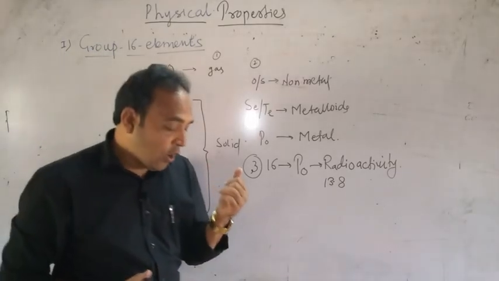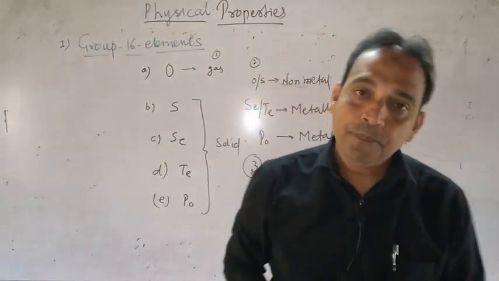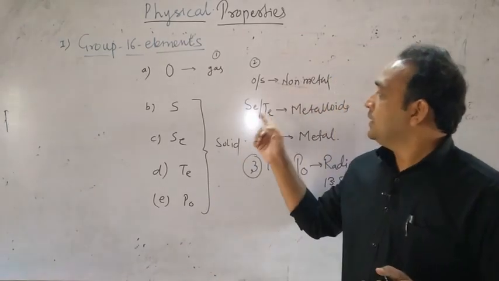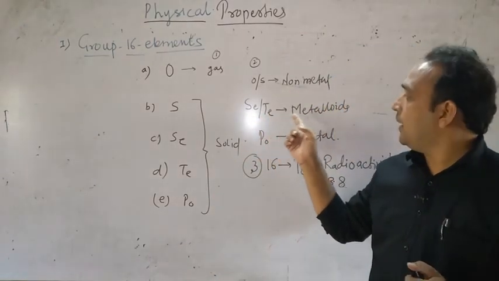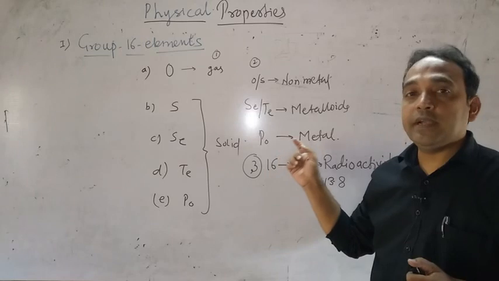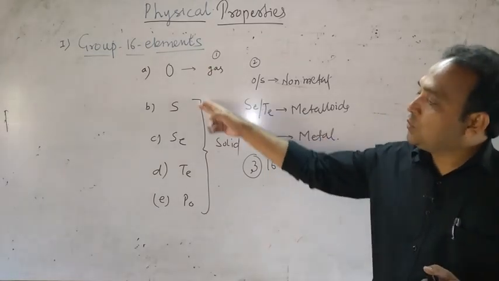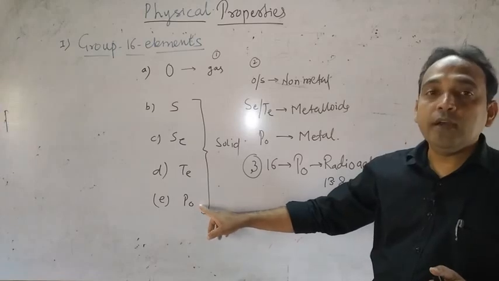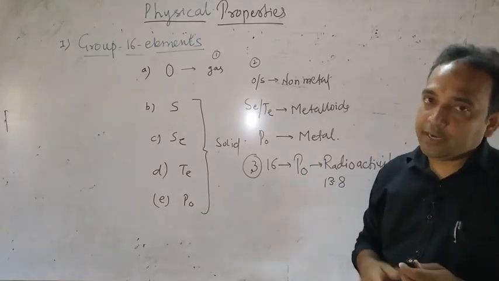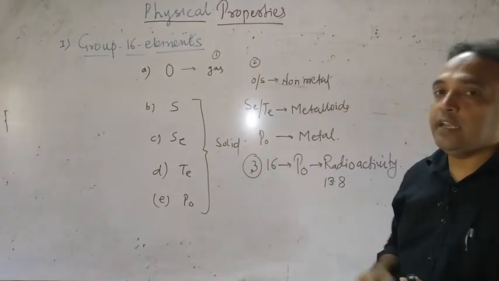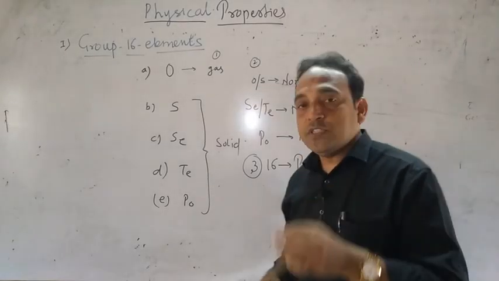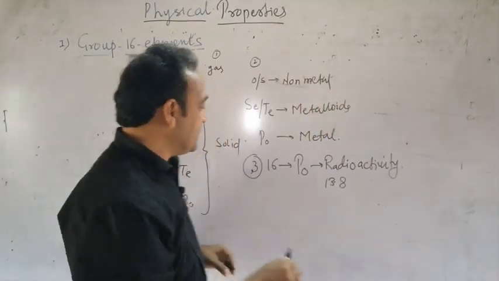Oxygen and sulfur are non-metals. Selenium and tellurium are metalloids. Polonium is a metal. Now the third physical property: amongst group 16 only polonium is radioactive with half-life period 13.8.